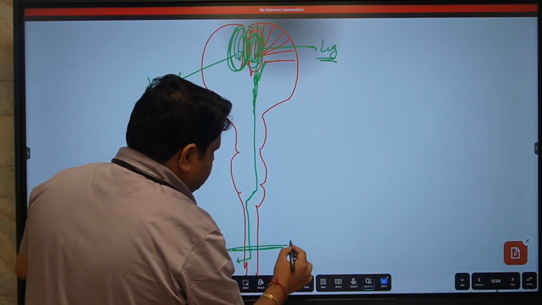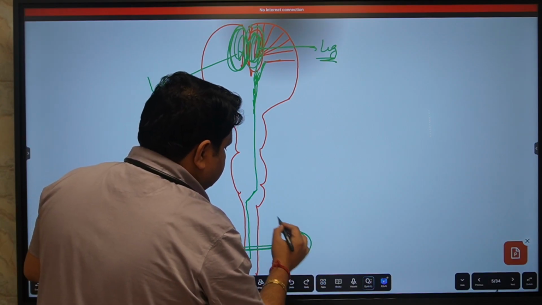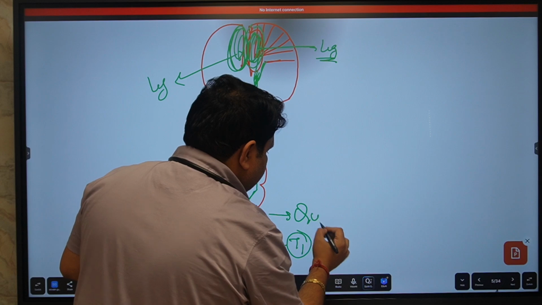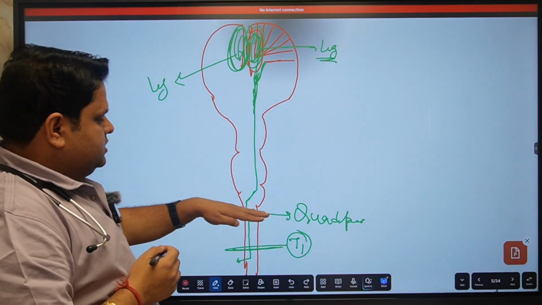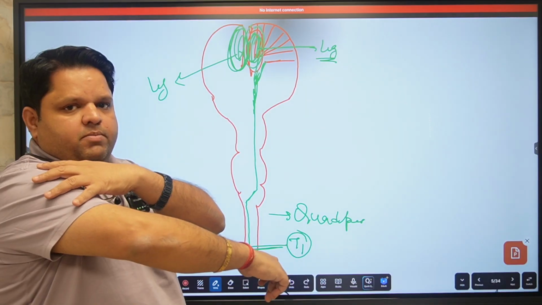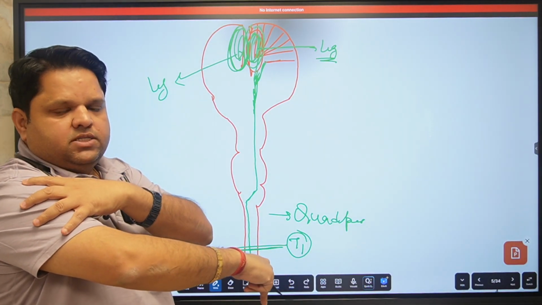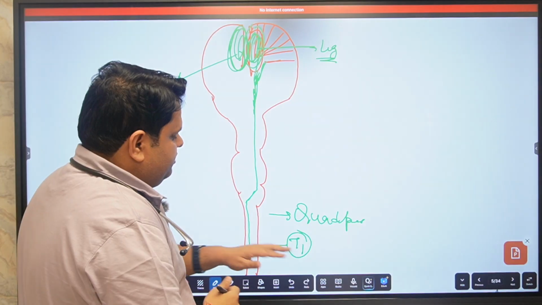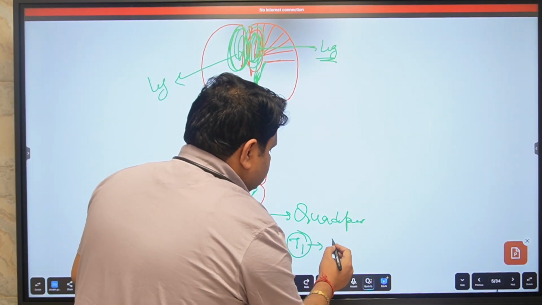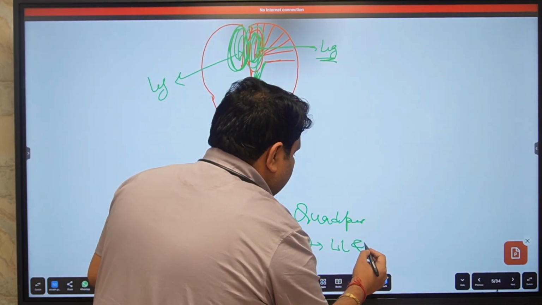If weakness is above T1, so it causes usually quadriparesis, I say, because C4 to T1 is the fiber that form the brachial plexus and supplies the upper limb, and below T1 supplies the lower limb and the trunk.